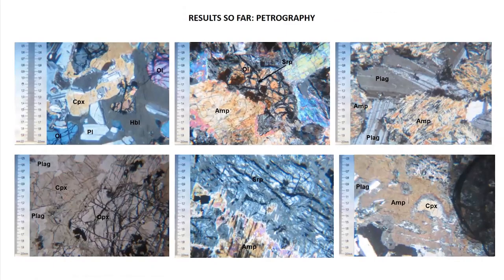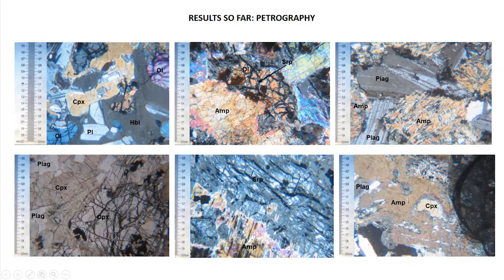Under the microscope, most of the rocks have been altered to serpentinite or amphibolite. So in the field, you will encounter mostly either serpentinite or amphibolite. The peridotites have been altered to serpentinite, and the gabbros have been altered to amphibolites.